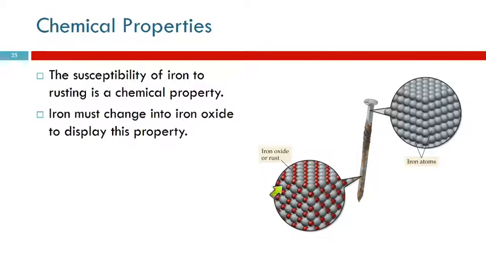We no longer have the pure iron that was there before. The properties of the nail change. It gets this flaky, rust-colored stuff on it. It's no longer very strong, and it's brittle and will break and fall apart. So demonstrating this property of iron rusting destroys the iron. It's a chemical property. Iron rusts.